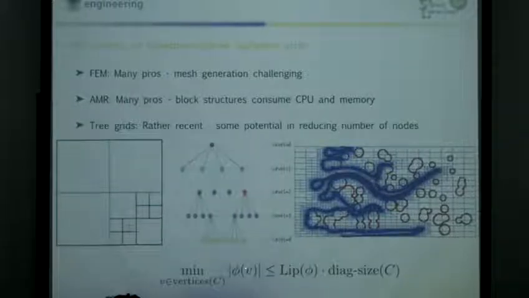If you have the value of the level set function at any node of your grid that is less than, this is the Lipschitz constant, so it's a number. Usually it's 1 because you take a distance function. But depending on how you tune this parameter, you can have a grid that is graded or not graded. And then the diagonal size of the cell, this is just the length of the diagonal of one cell. And so if you have that, you know that the interface is there, and this is where you refine. So you cut the grid into 2. That's it. So it's very trivial.